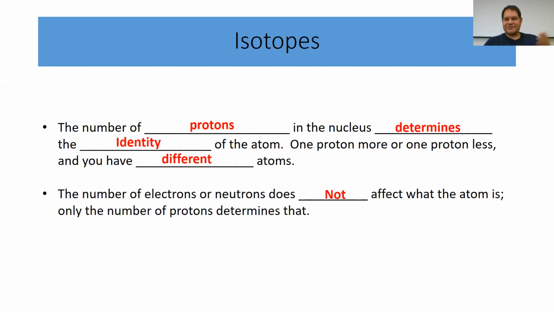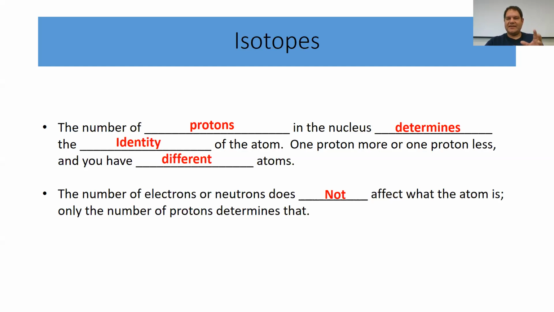For instance, hydrogen has 1 proton in the nucleus, oxygen has 8 protons, carbon has 6 protons in the nucleus. Any atom that has 6 protons, we are going to say, well, that's going to be a carbon atom or carbon element.